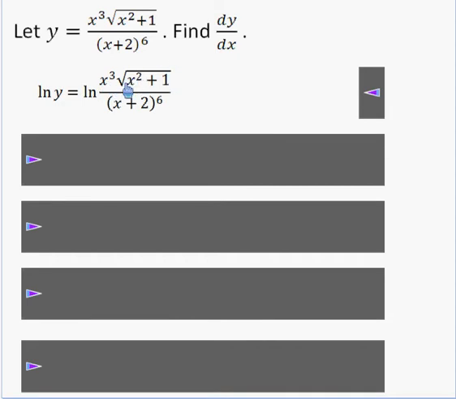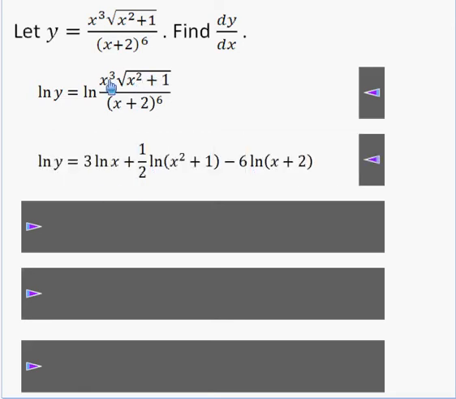Remember, the square root of x squared plus 1 is really x squared plus 1 to the 1/2, so we're going to use that. And so here's our first one, 3 natural log of x. Secondly, we have the 1/2 comes out front from the square root, natural log of x squared plus 1, and then minus, because it's division, natural log of x plus 2, but the 6 comes out front, so that's why we have that 6 there.